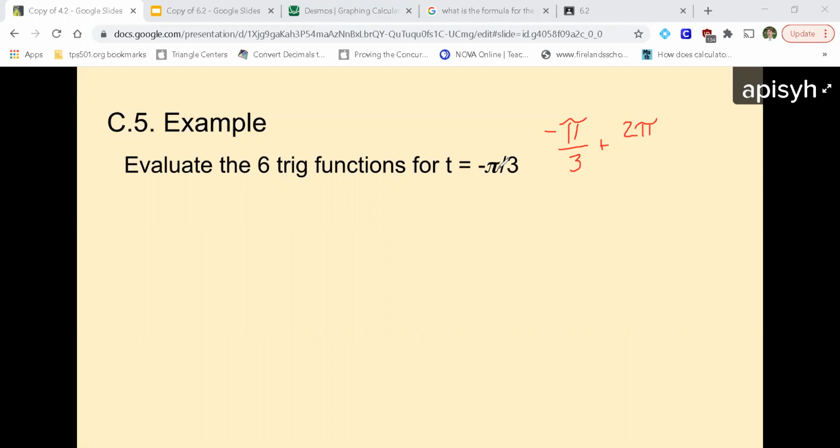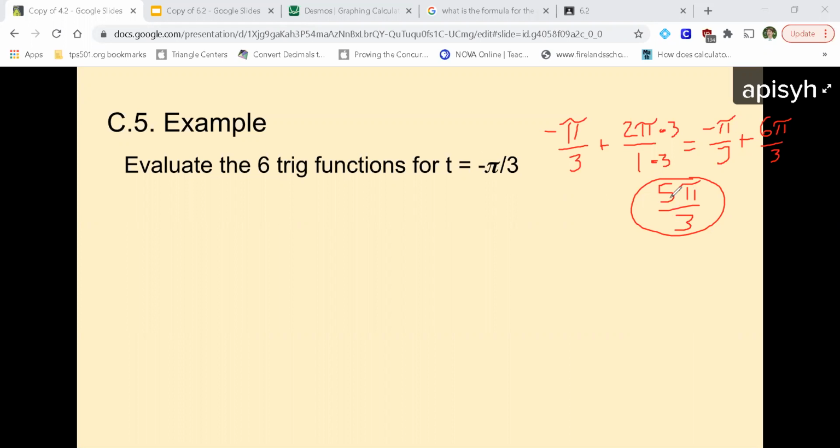All right, if I want to add 2 pi to this, I'll need a common denominator. So if I multiply by 3, multiply by 3, I get -pi/3 plus 6 pi/3. And 6 pi/3 minus 1 pi/3 is 5 pi/3. So this is really the angle we're talking about. These angles will start and stop at the same position.